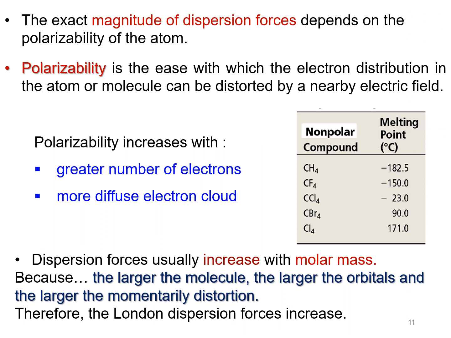Okay, nak tahu London dispersion forces tu dia punya magnitude tu maksudnya dia punya strength lah. Dia punya dispersion forces tu besar ke kecil ke, it will depend on the polarizability of the atom. Polarizability of the atoms tu it will be increased with the greater number of electrons and more diffuse electron cloud.